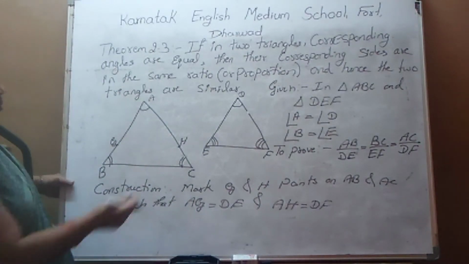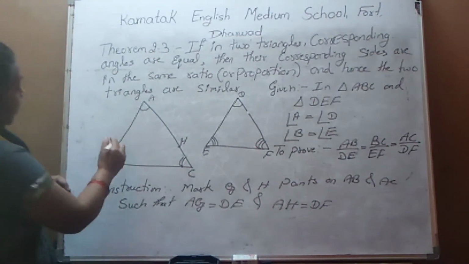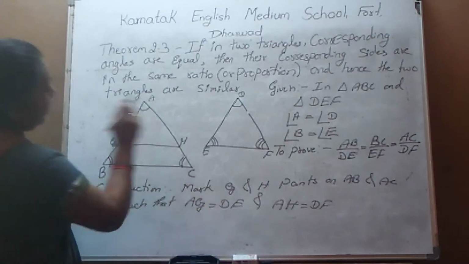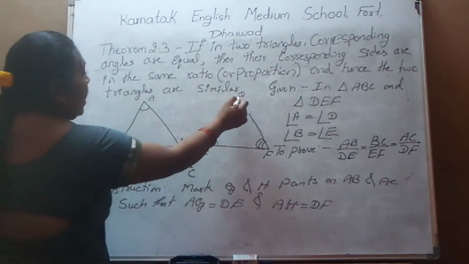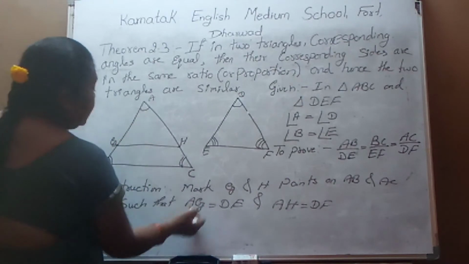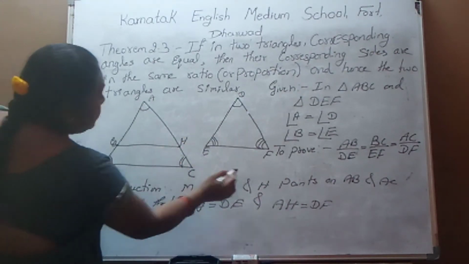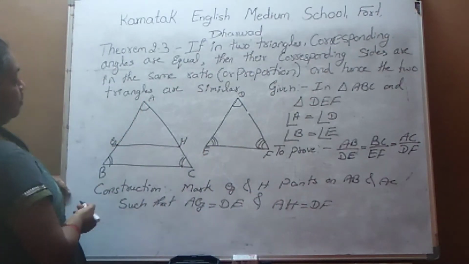What can you do here? Mark two points G and H such that AG is equal to DE and AH is equal to DF.